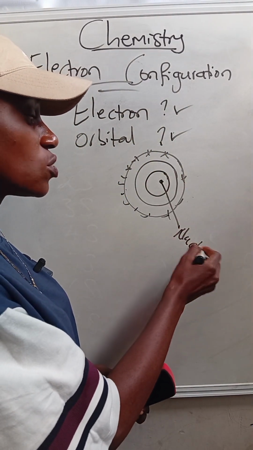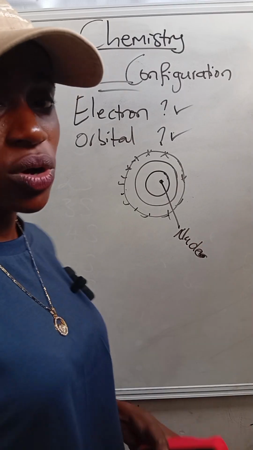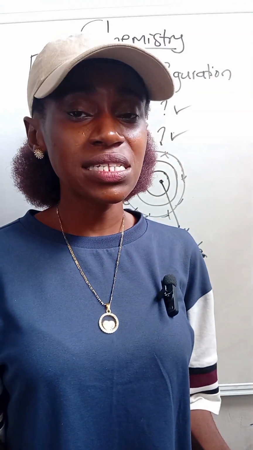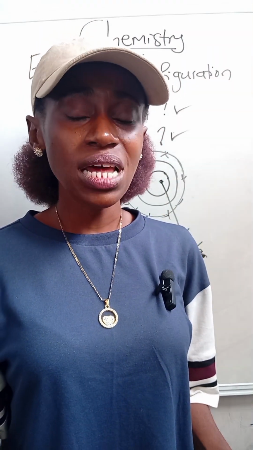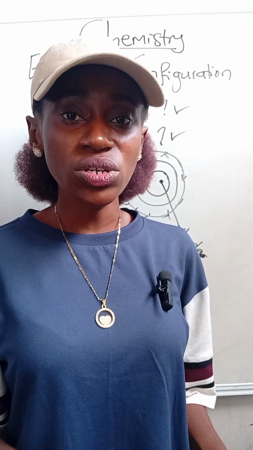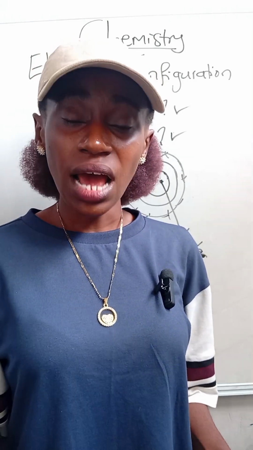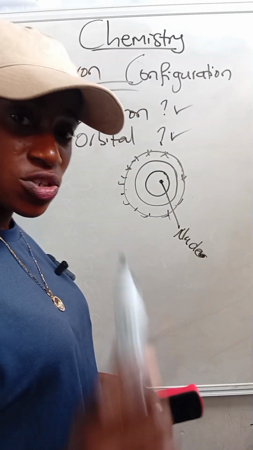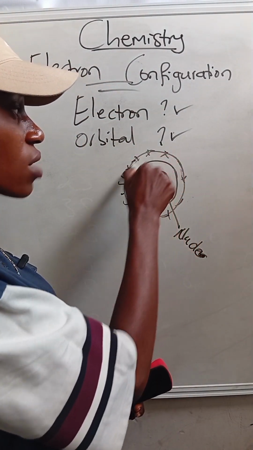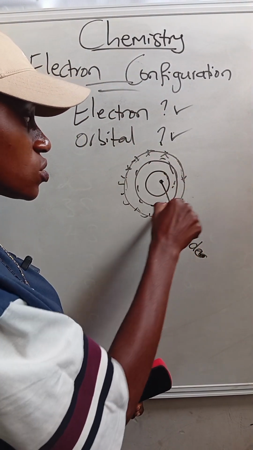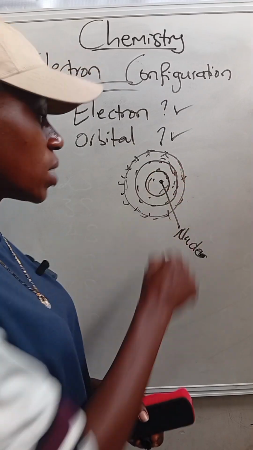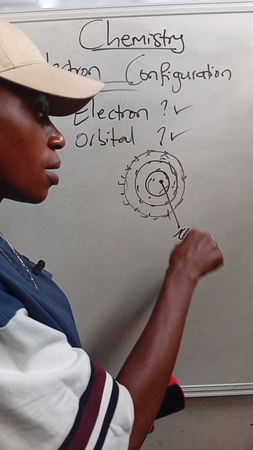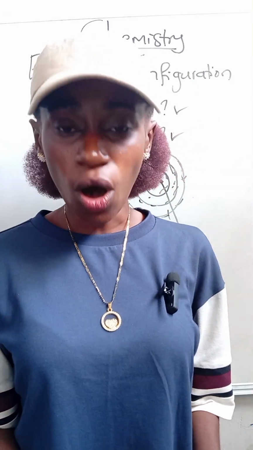From the definition, an electron is a negatively charged particle constantly moving around the nucleus of an atom in an orbital manner. So the electrons are constantly moving around these round regions, with the nucleus at the center.